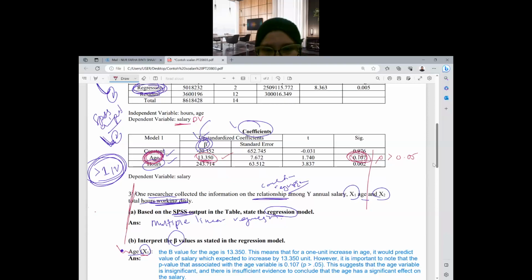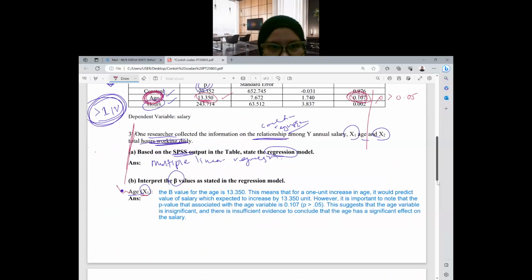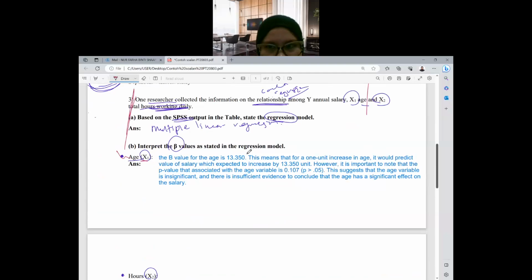This is for the first IV, the first independent variable. You are talking about the first independent variable for the B values. You need to state both H and hours. So you have done with H, then you go with hours.